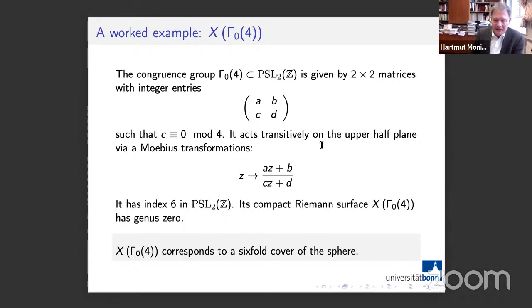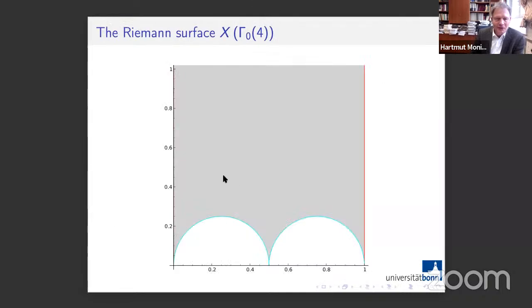It acts transitively on the upper half plane via Möbius transformation. It has index 6 in PSL(2,Z), and it has a compact Riemann surface of genus 0. So this Riemann surface X Gamma_0(4) corresponds to a 6-fold cover of the sphere. Now, as I explained last time, it is relatively easy to calculate explicitly that curve.